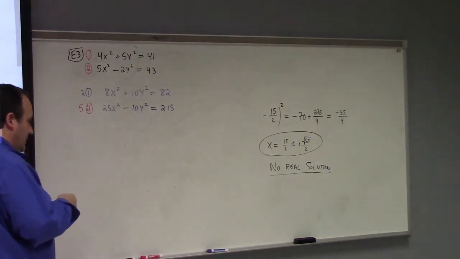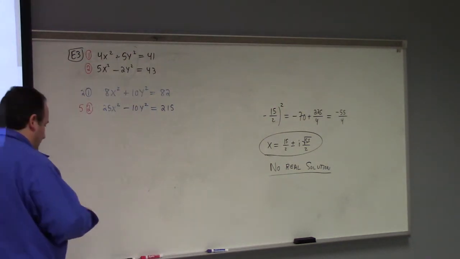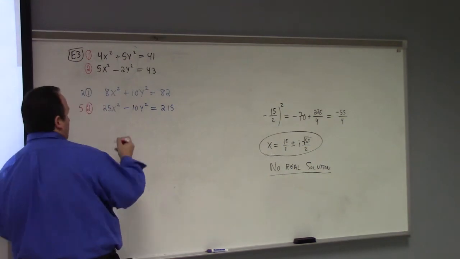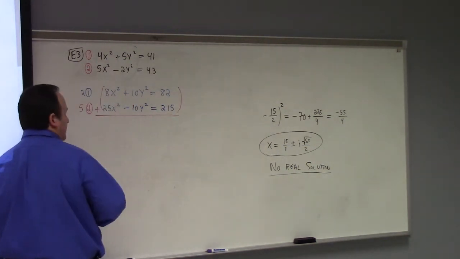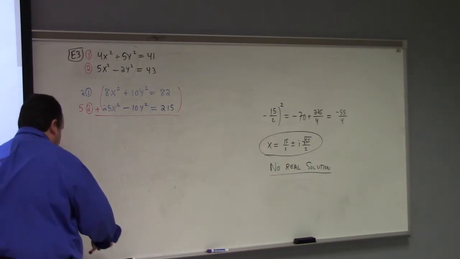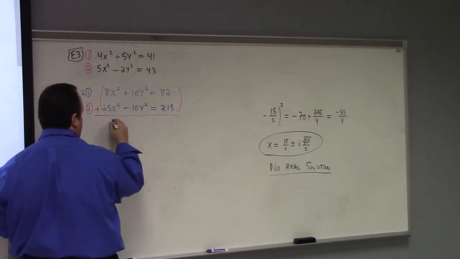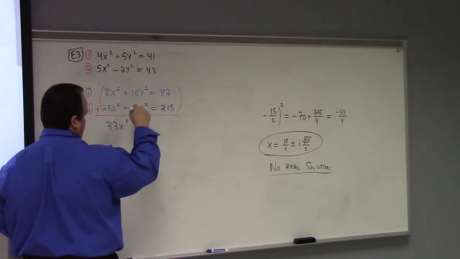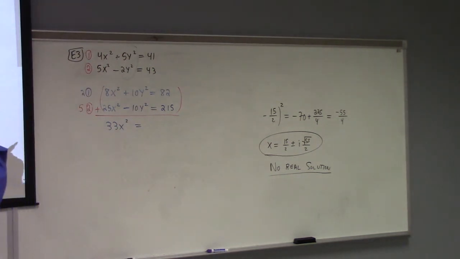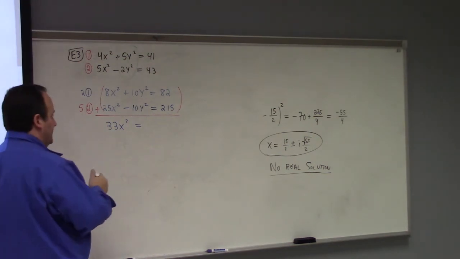All right. Then what you want to do is add these equations, right? We add them. That makes the y squareds go away. 8 plus 25 is 33 x squared equals, the y squareds cancel, and what's 82 plus 215? 297.